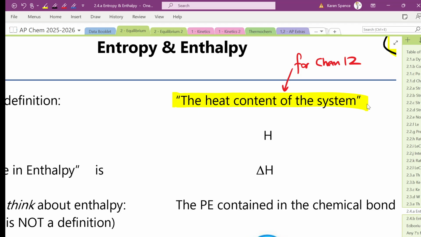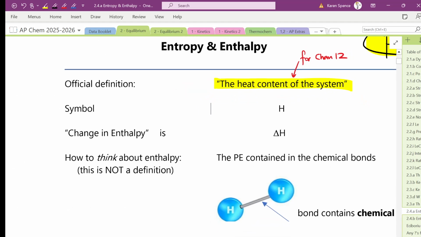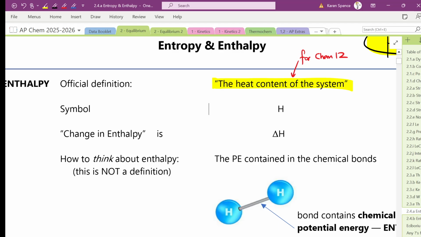The enthalpy change, delta H, for a reaction that occurs at constant pressure is the heat evolved or absorbed by the reaction. Delta H is equal to Q little p. Anyone want to learn that definition? No. All right. So for Chem 12, you're going to call it the heat content of the system. AP is not going to ask you to define it.